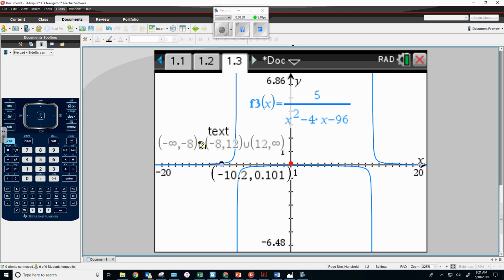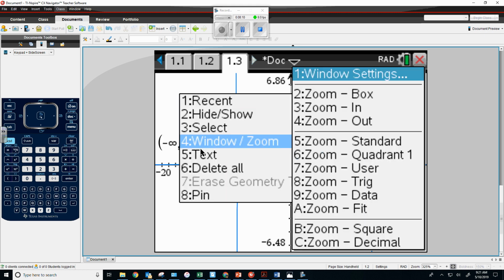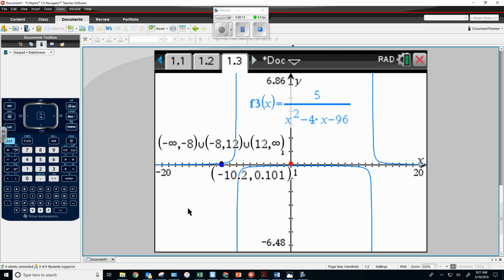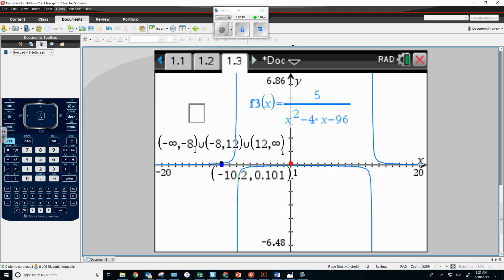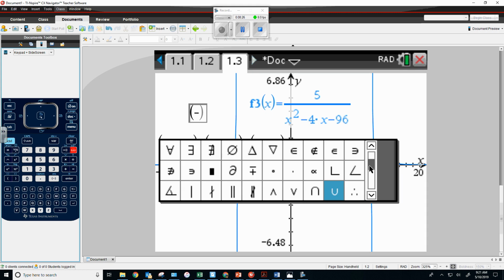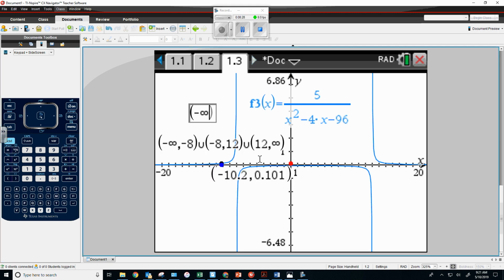So my range, I need a text box here. My range is from -infinity to 0, and then 0 to positive infinity.